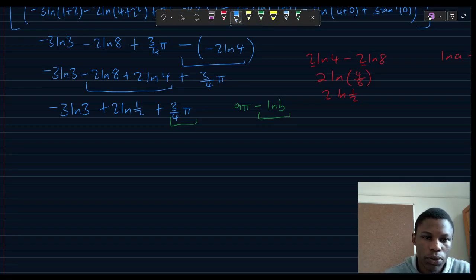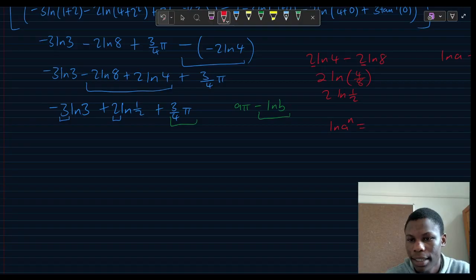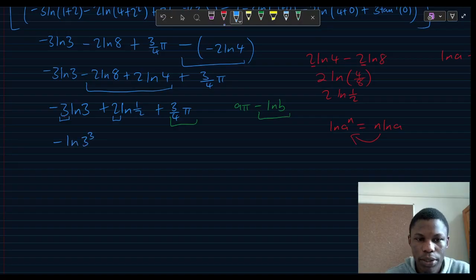So first, I'm going to get rid of these coefficients by using the law of logarithms that says ln a to the n is equal to n ln a, except we want to use it in the other direction. So this 3 can go up and it becomes negative ln 3 cubed. This 2 can go up, so that is plus ln half squared, plus the 3 over 4 pi.